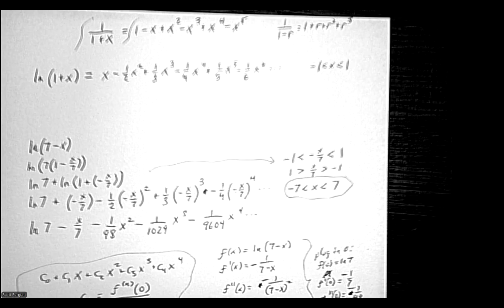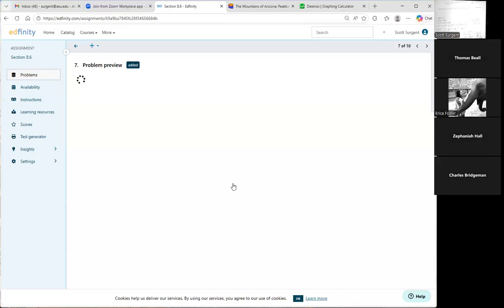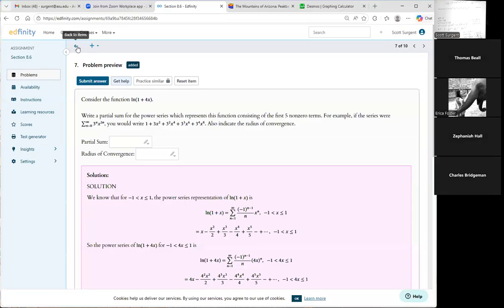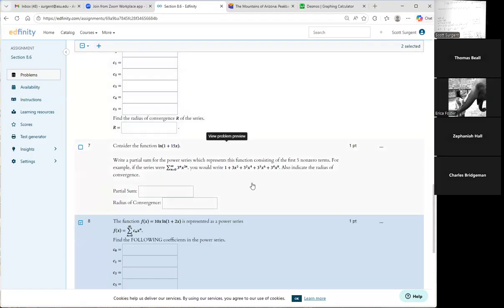So anytime you get like, I'll share the screen here. Like number 7, you have ln of 1 plus 15x. You could do it the same way. It's got a 1. Let me get my screen going.